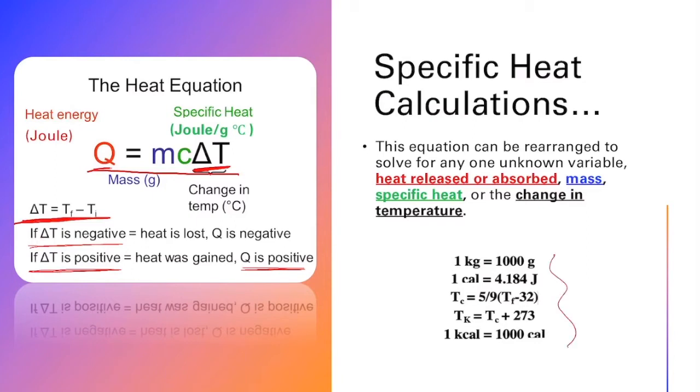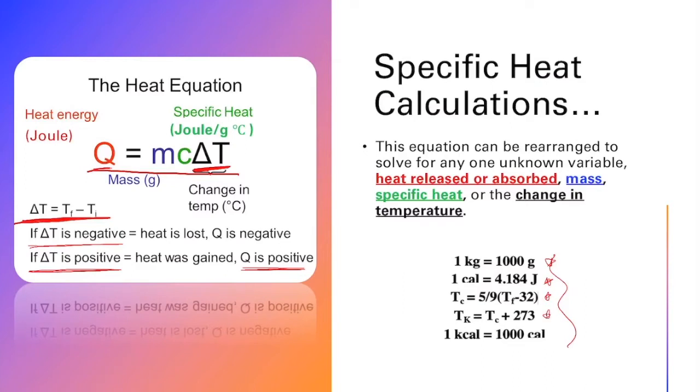These are just some other values to keep in mind with some of the calculations that you'll come across in your quiz. We've got a conversion here for kilograms to grams. Another unit commonly used in thermochemistry is the calorie. This also measures heat energy. And this is just a little conversion right here to show you how many joules there are in 1 calorie. And then these are our temperature conversions.